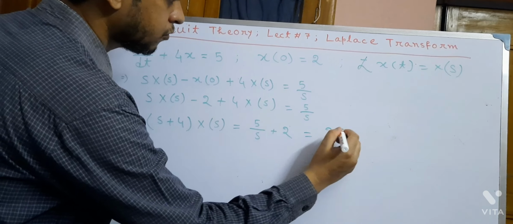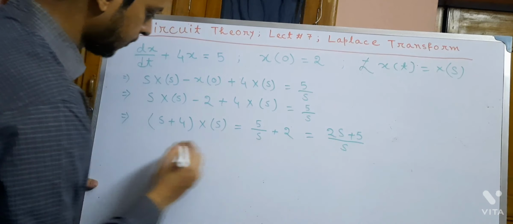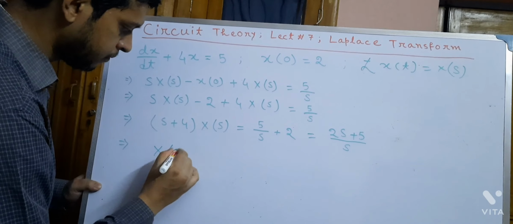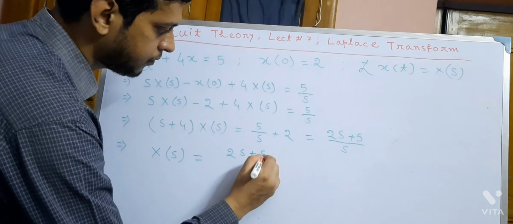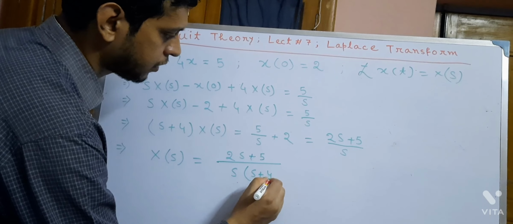Therefore this is equal to (2s plus 5) by s. So X(s) equals (2s plus 5) by s(s plus 4).